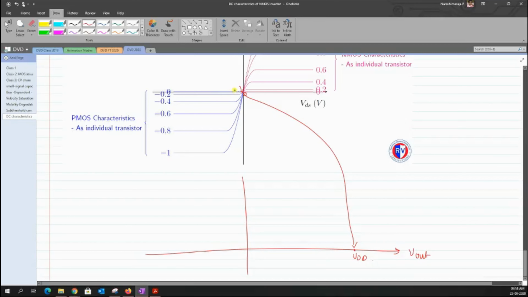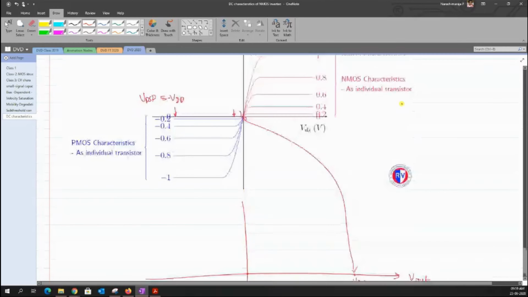And all of these points, right from here to here, would then translate towards the left side. Say for example, I have the value of VDSP equal to minus VDD. This was our VDSP, and that value has a negative sign. When I try to map it, it will end up across the origin because of this expression.